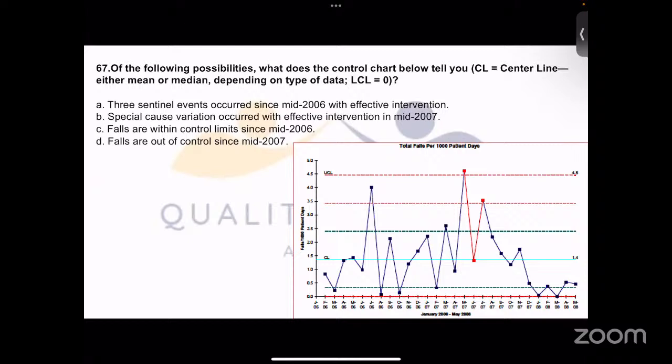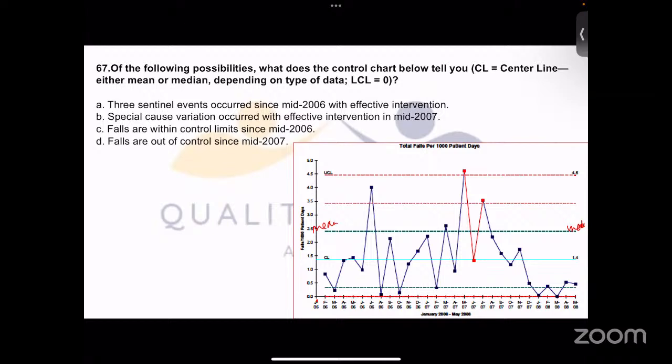Number 67, of the following possibilities, what does the control chart below tell you? The CL equals the center line, either mean or median. Okay. So depending on type of data. So we have the lower control limit of 0.